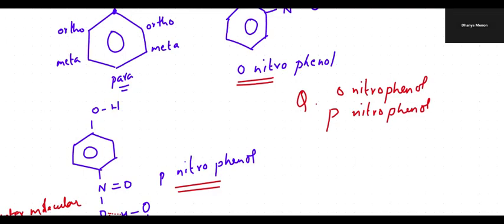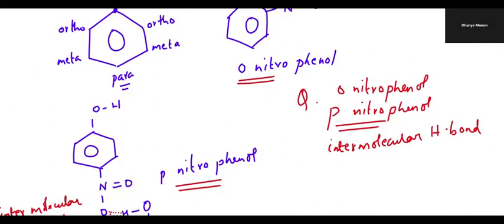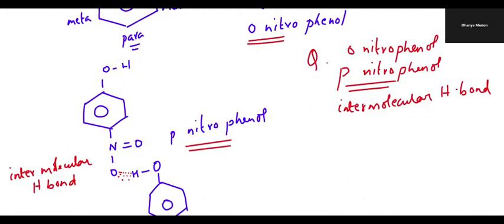Obviously, it is the para nitrophenol, because the para nitrophenol has intermolecular hydrogen bonding. And you have to break these bonds. These two molecules have to move further away for these bonds to break. So that is why para nitrophenol has a higher boiling point and melting point.